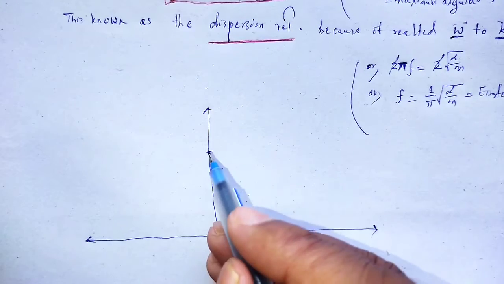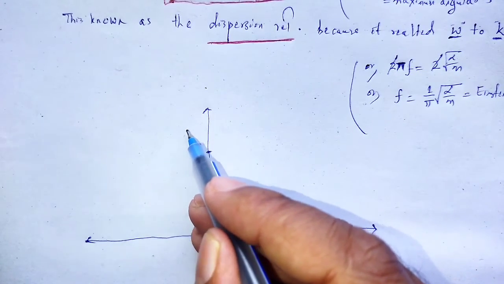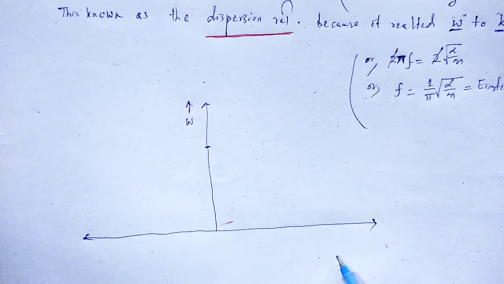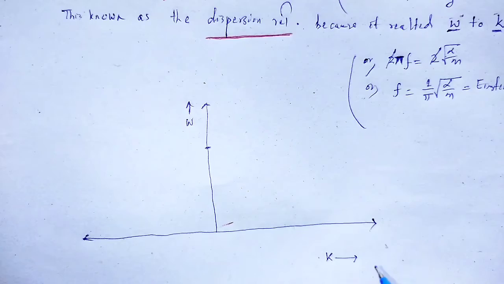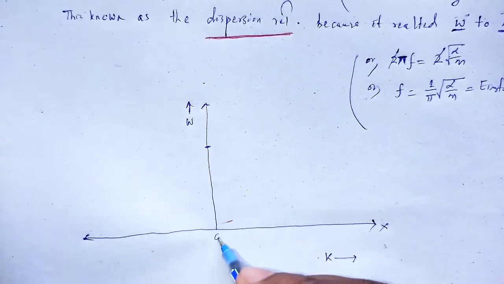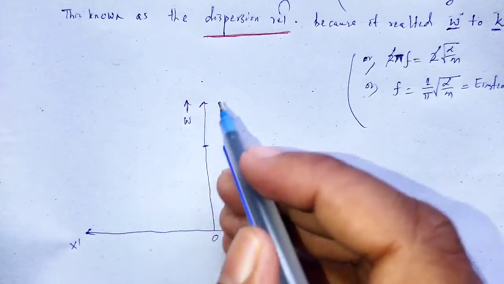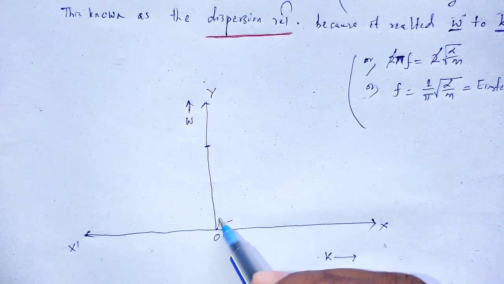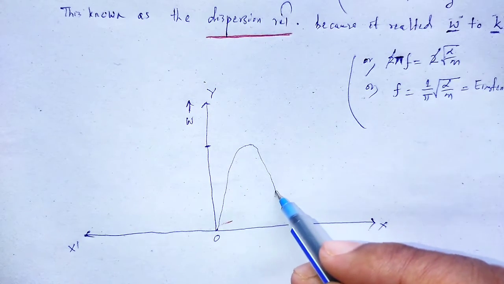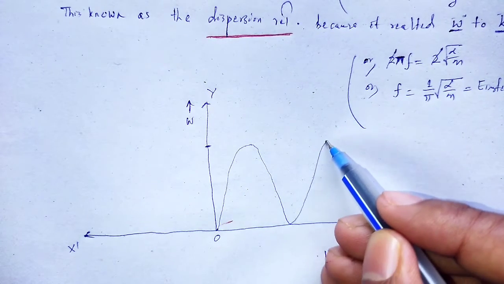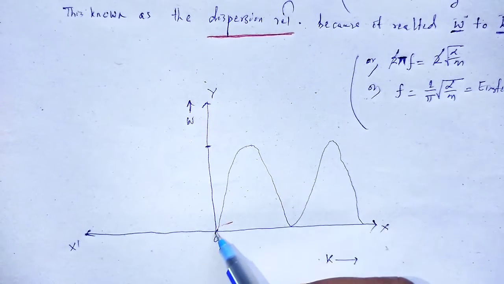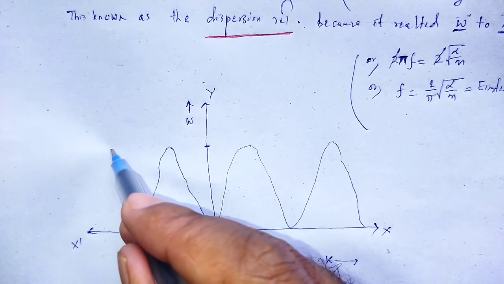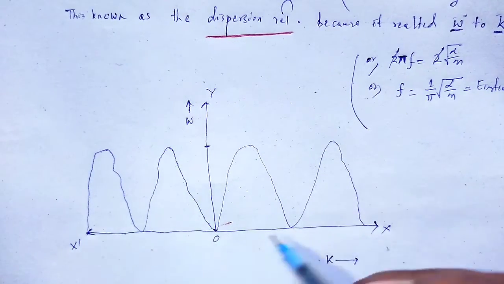On the y-axis we have the maximum angular frequency omega, and on the x-axis we have the propagation vector k. The graph we have obtained looks like this.